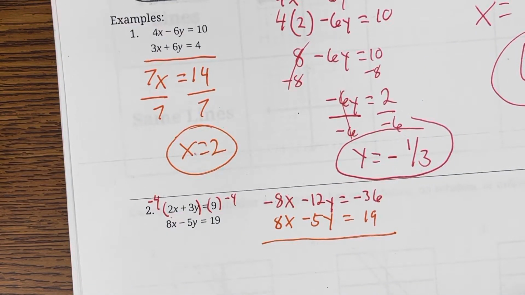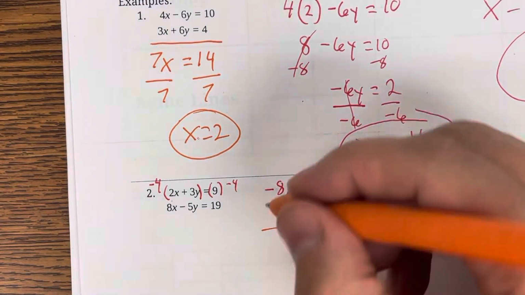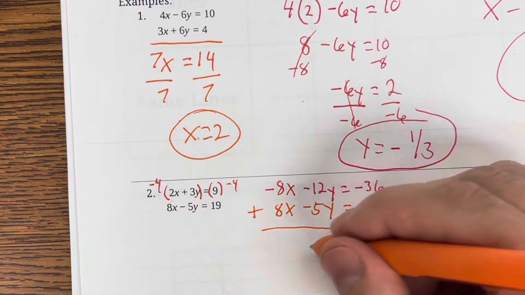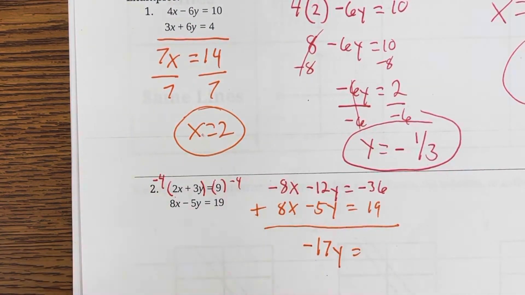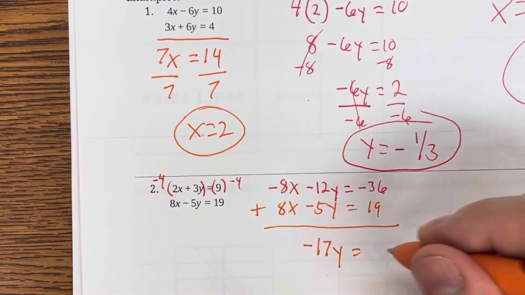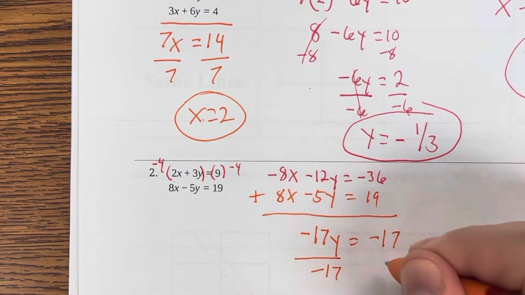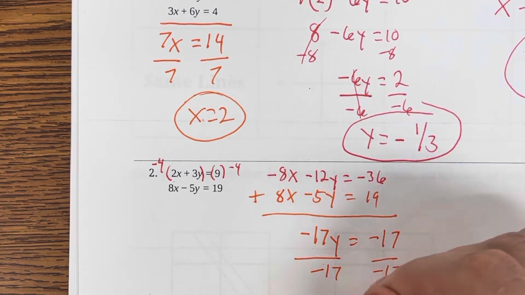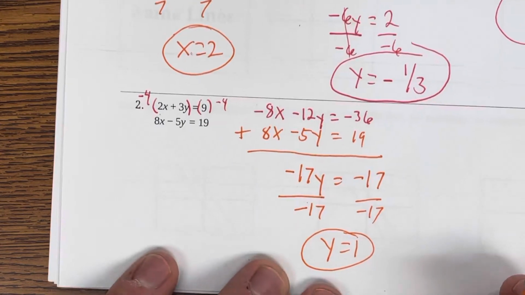The x's cancel. Negative 12 plus negative 5 we are adding is negative 17y. And negative 36 plus 19 is negative 17. Divide both sides by negative 17, and I get y to equal 1. Negative divided by a negative is a positive, so y is 1.